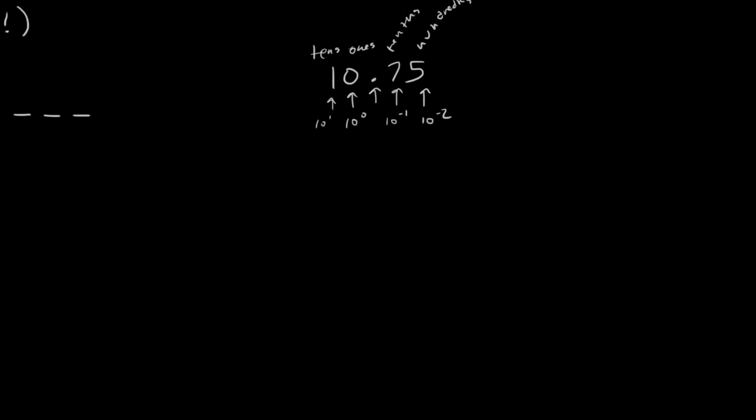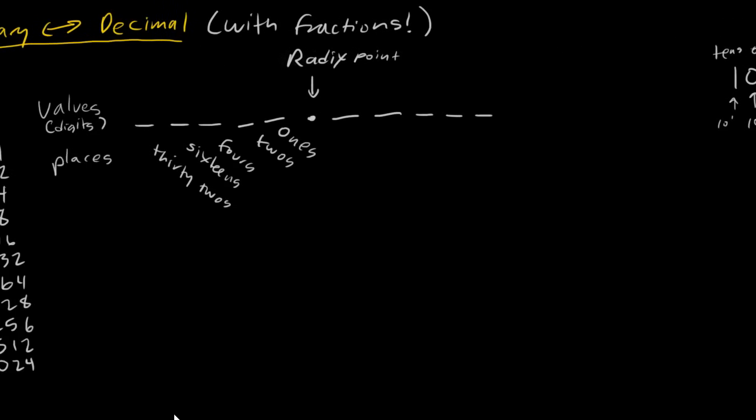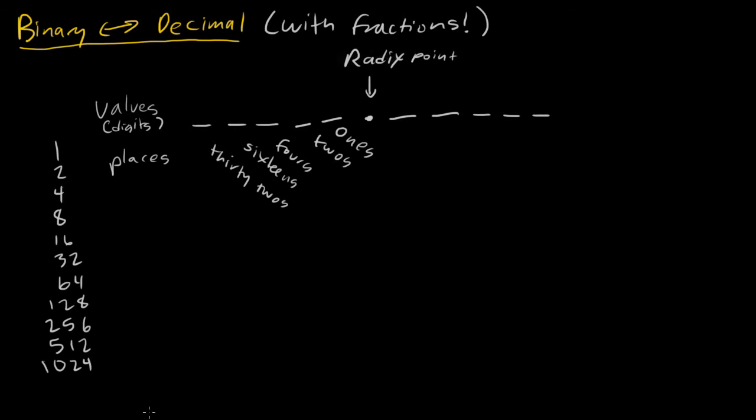If we go back over here, instead of having our tens and our tenths, we'll have our halves, our fourths, our eighths, our 16ths, and our 32nds.